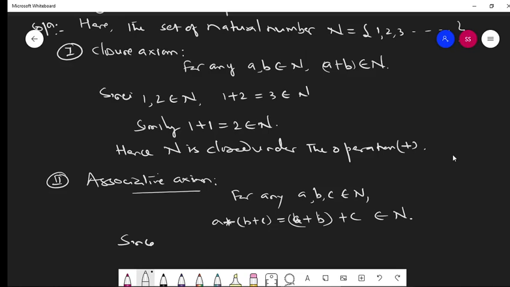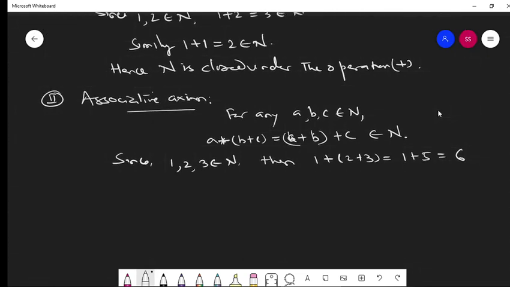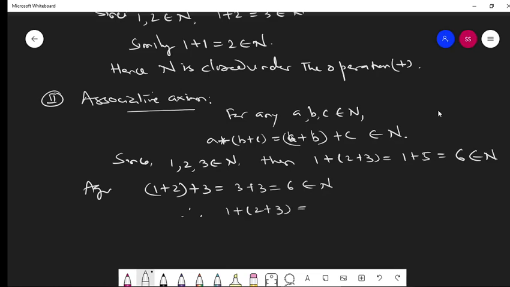Since 1, 2, 3 belong to N, then (1 plus 2) plus 3 is 3 plus 3, which is 6. And again 1 plus (2 plus 3): 2 plus 3 is 5, 1 plus 5 is 6, which also belongs to N. Therefore (1 plus 2) plus 3 equals 1 plus (2 plus 3).